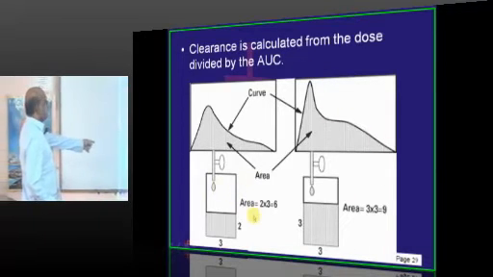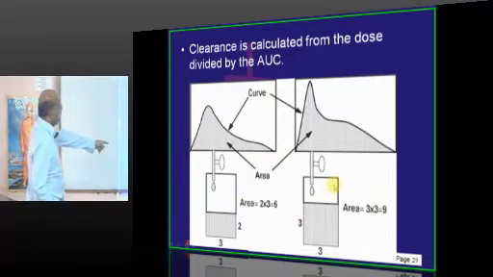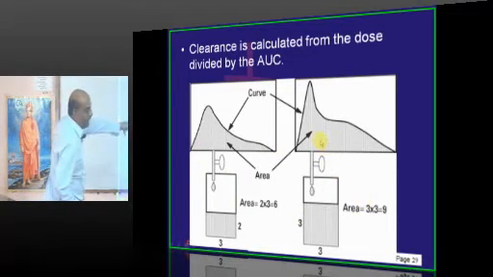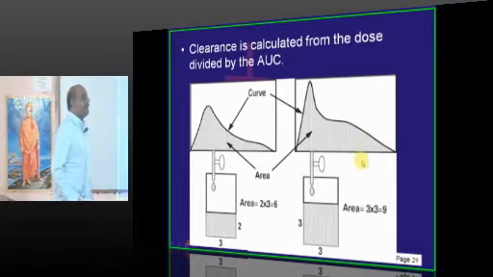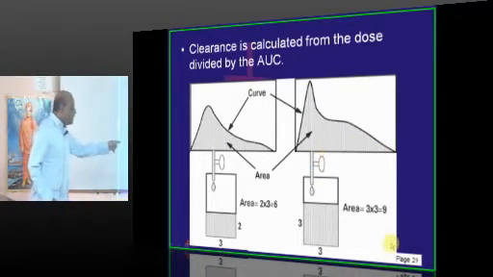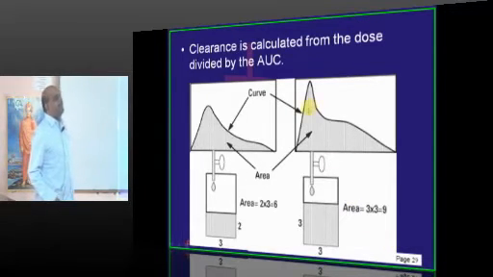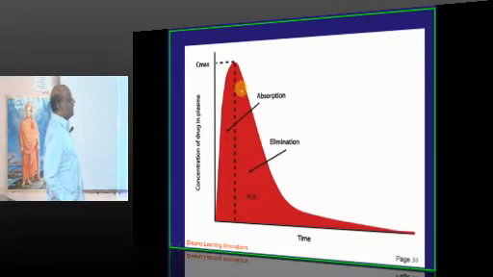So in this case, the area under the curve is 2 into 3 is equal to 6. In this, the area under curve is 3 into 3 is equal to 9. So which drug has a higher clearance between the two? The drug whose area under curve is higher is the one which typically has got a higher clearance, is what you have to basically conclude.